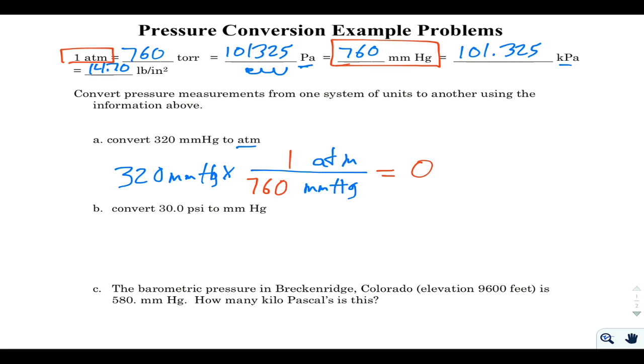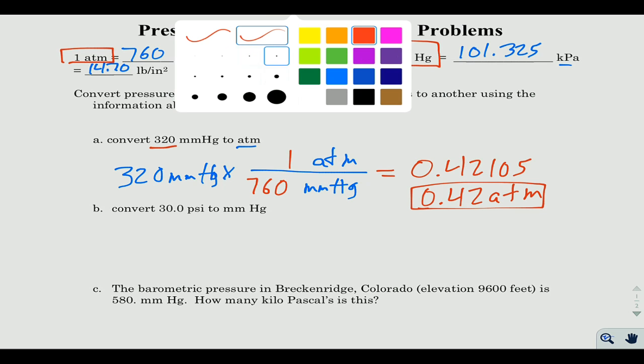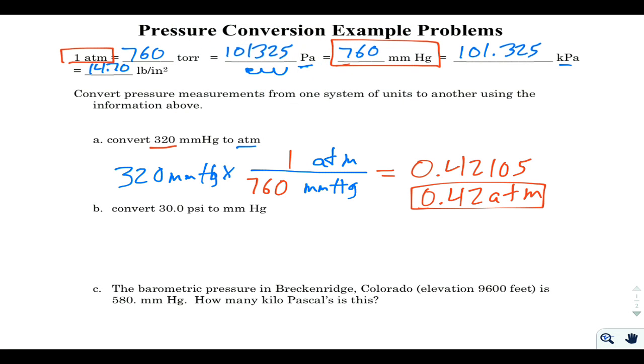And that gives us 0.42105, and your calculator kind of keeps going. Looking at this number, it has 2 significant figures, which means our final answer is 0.42, and it is in the units of ATM. So you can see it's fairly simple, similar to those stoichiometry problems.